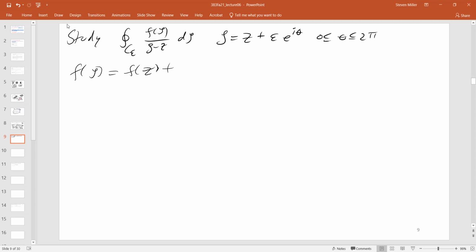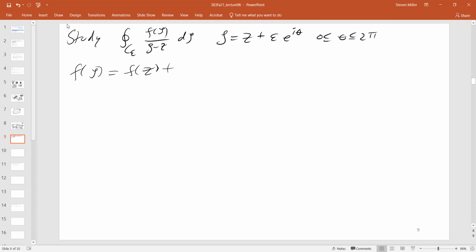How careful? One of the things we could do is we could say, oh, we know the function is differentiable. So I could put in f prime, or I could just try to use continuity. Well, let's think. We have a 1 over zeta minus z. Is that large or small? Large, it's like 1 over epsilon.